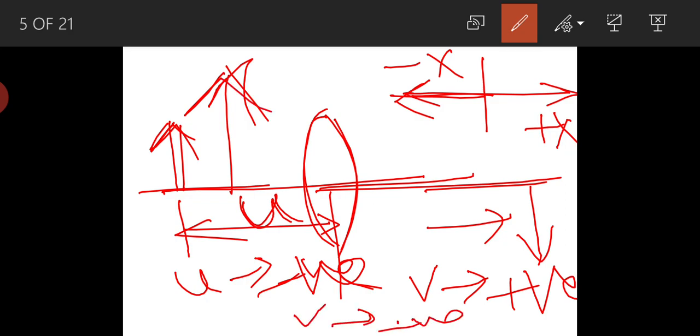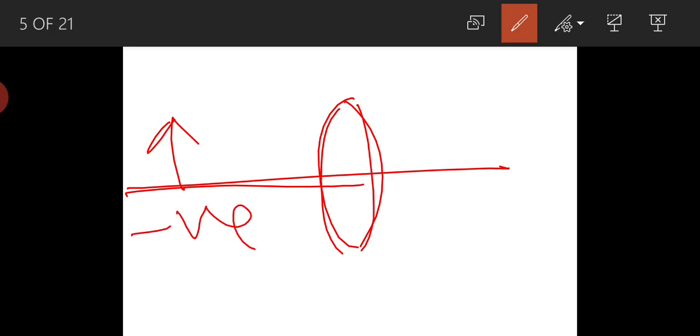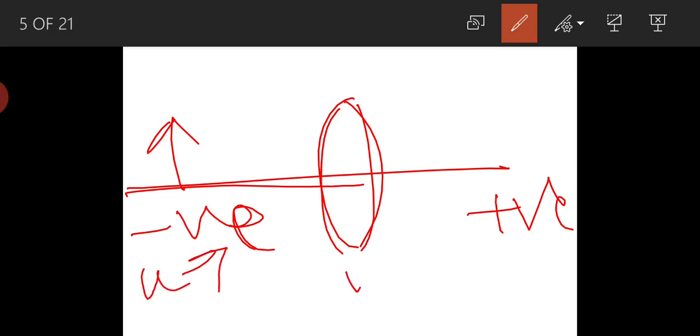So simply what I would like to say is, if you take a lens and place an object on the left side, whatever is on the left side is negative, and whatever is on the right side is positive. It means we will always place the object on the left side only, that is why u is always negative.